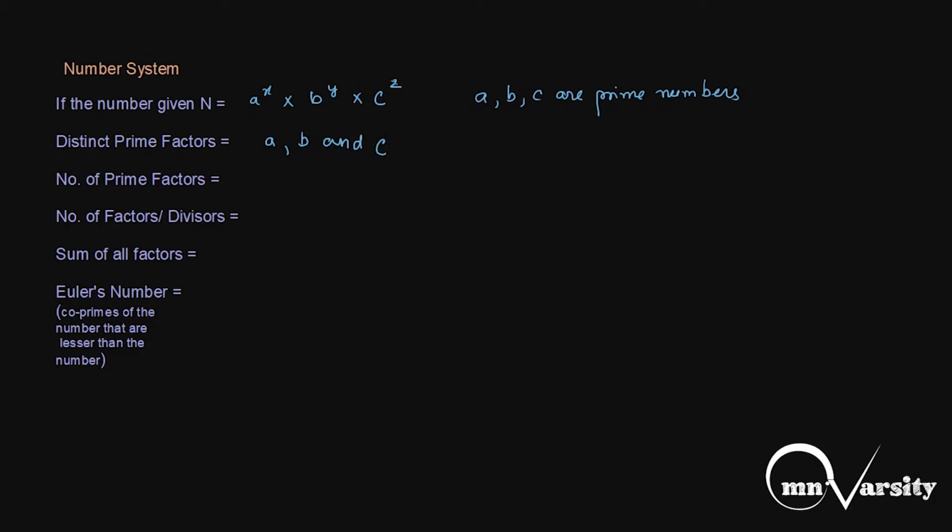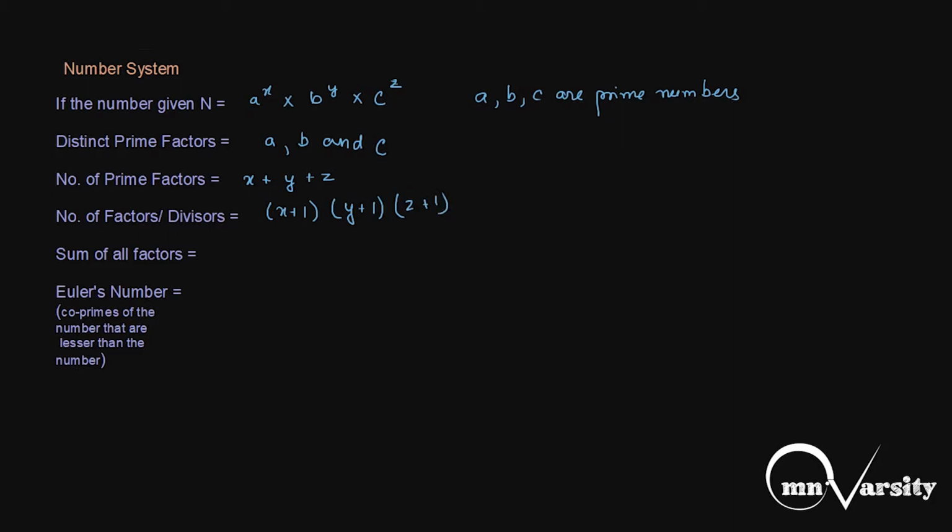The number of prime factors will be x plus y plus z. The number of factors or divisors will be (x plus 1) into (y plus 1) into (z plus 1).